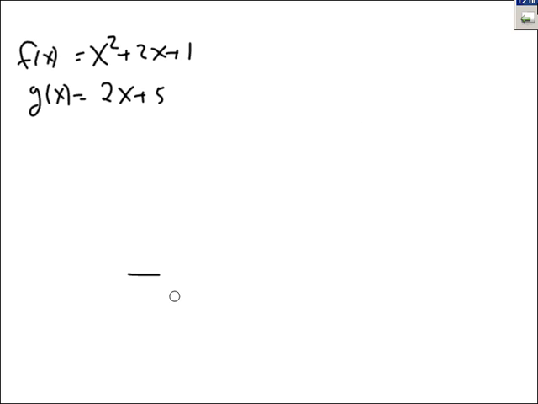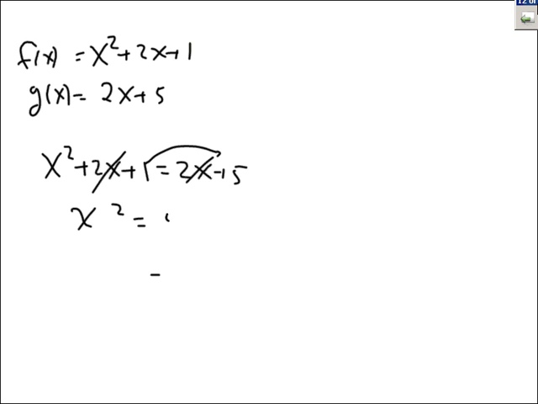We break up the integral every place the curves intersect. So the first thing is we want to see where f equals g. Take away 2x from both sides, and bring the 1 over as minus 1.